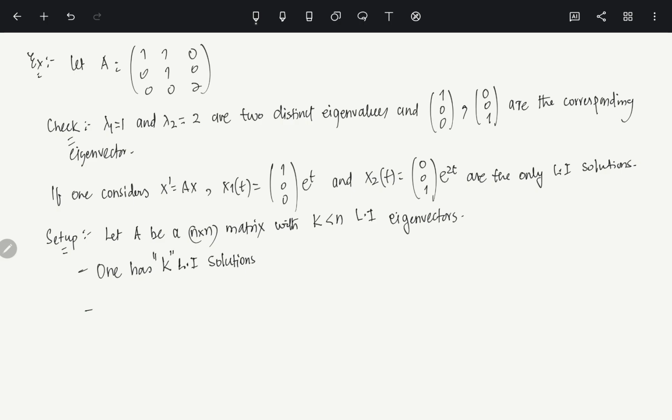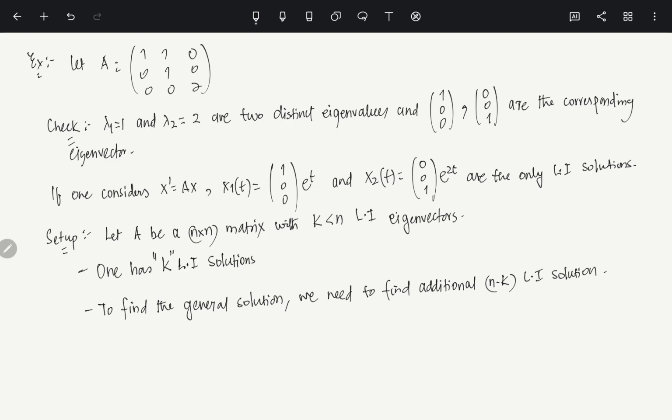Now to find the general solution, we need to find the additional n minus k linearly independent solutions.